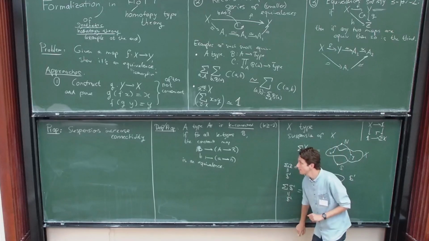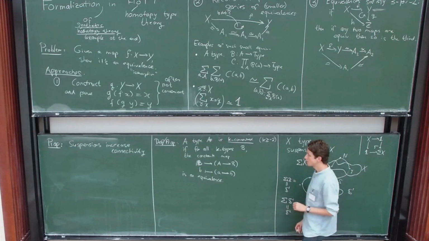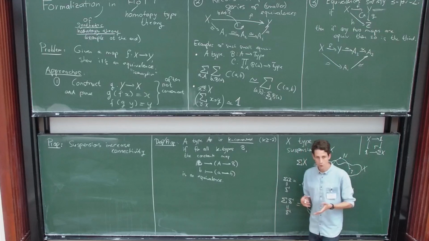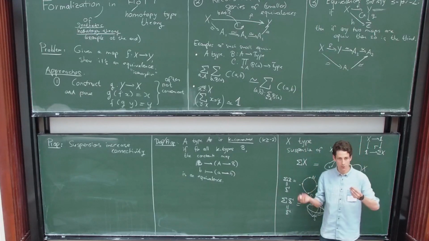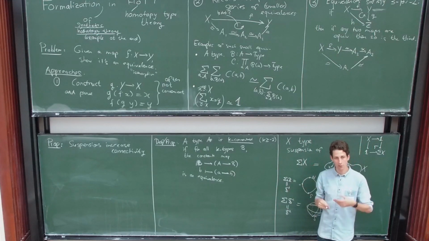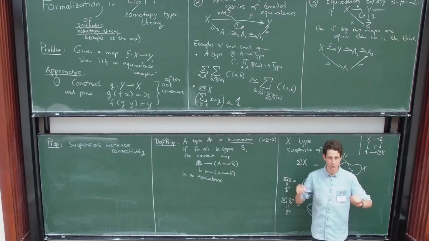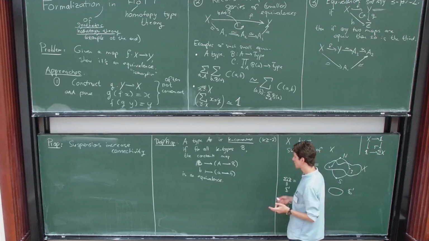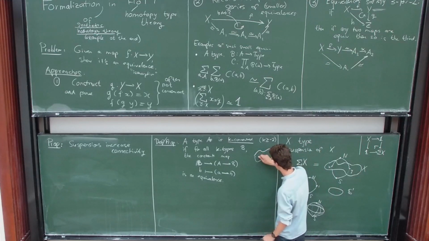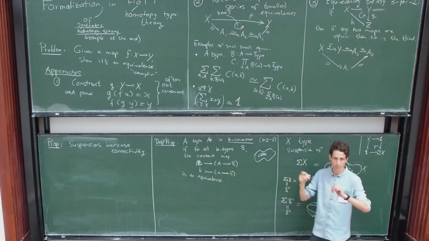The idea of the K-types is, Emily yesterday talked about these infinity groupoids where you have elements in your space and then you have paths between those elements, and then paths between those paths, and paths between those paths, and higher and higher and so on. So the picture you have in mind is you have some point and then you have some paths like that, and then in between those you have a path, and then between that you have a path, and it goes up like that.